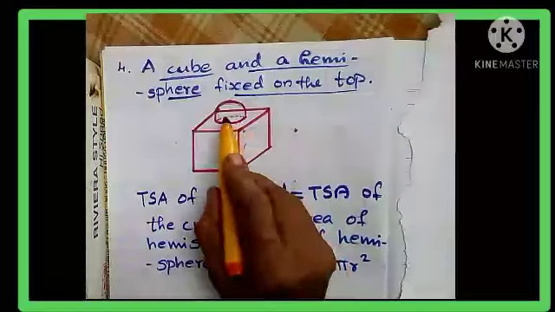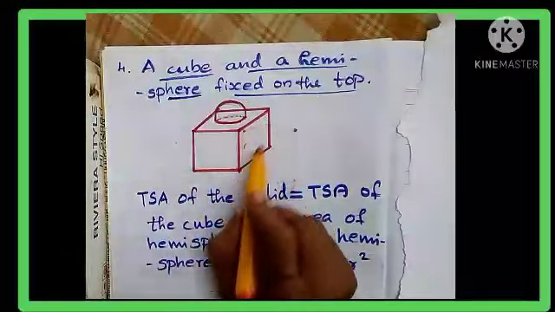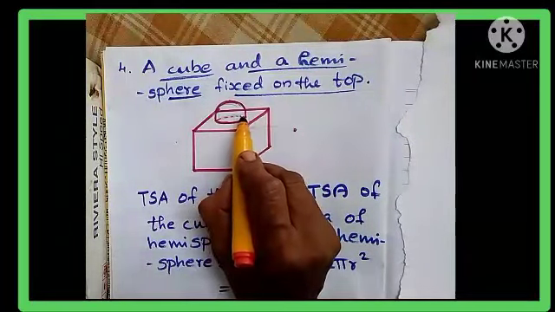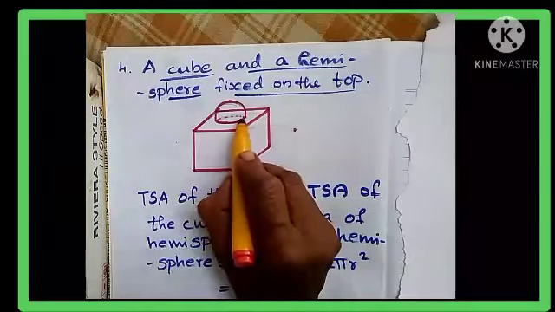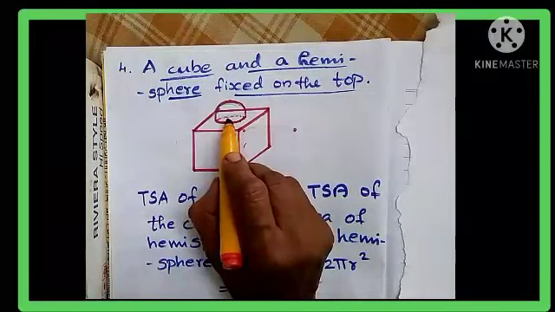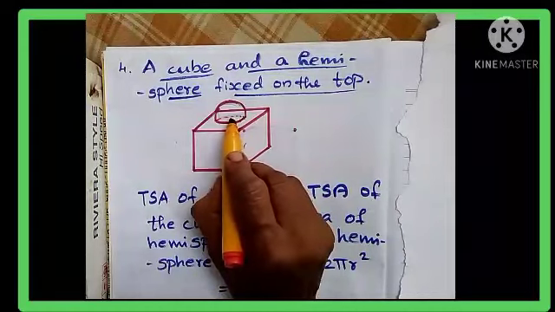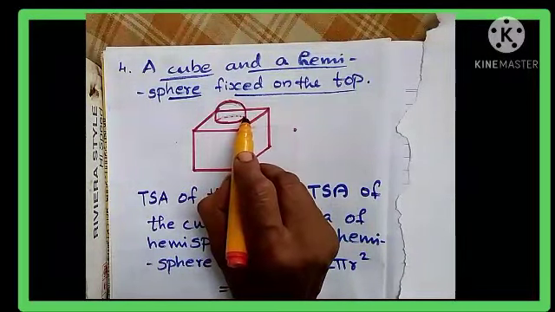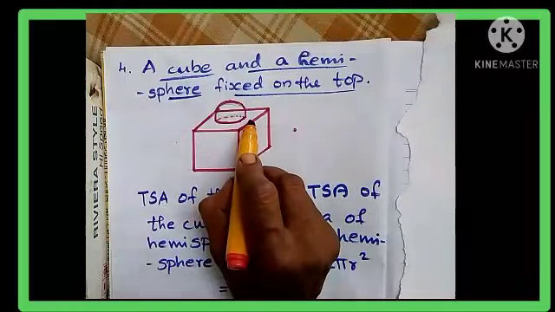Total surface area means actually the TSA of the cube minus the circular portion. Can you imagine that? Because one portion need not be painted, since it is inside the solid, the circular portion which is common to the hemisphere and the cube.